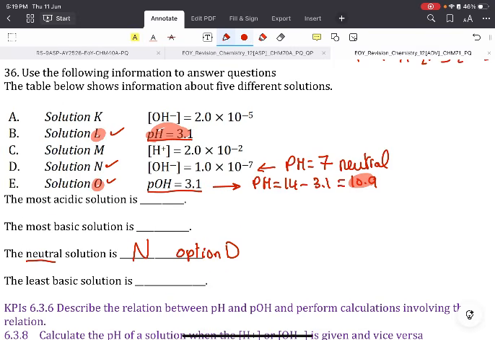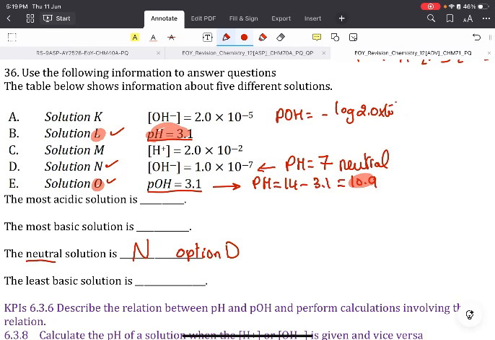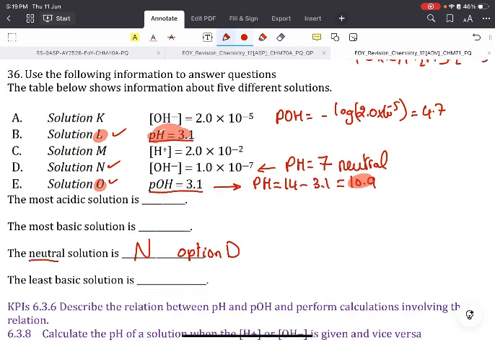If I have OH minus to be 2.0 times 10 to the power negative 5, I can plug this into the formula of pOH equals minus log OH minus. So in here, I'm gonna write 2.0 times 10 to the power negative 5. And I'm gonna get a pOH of, so here, minus log. It's gonna be 4.7.